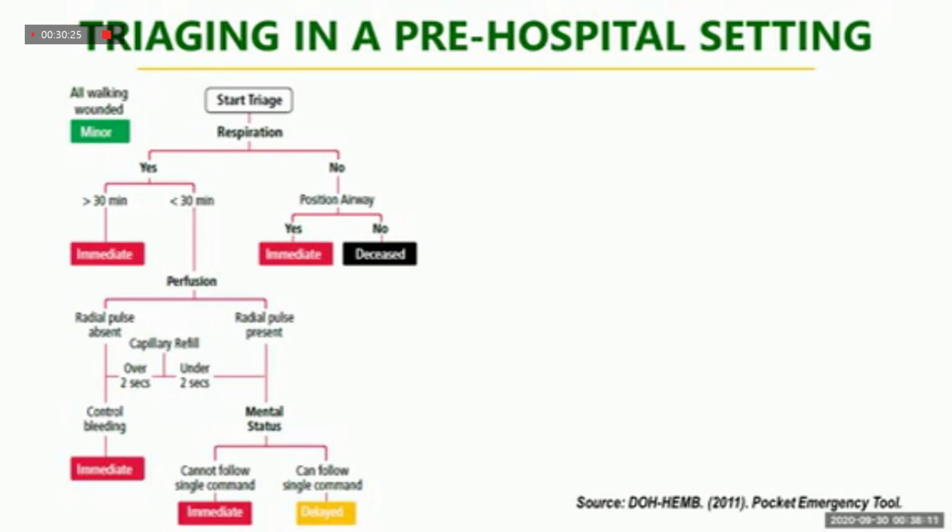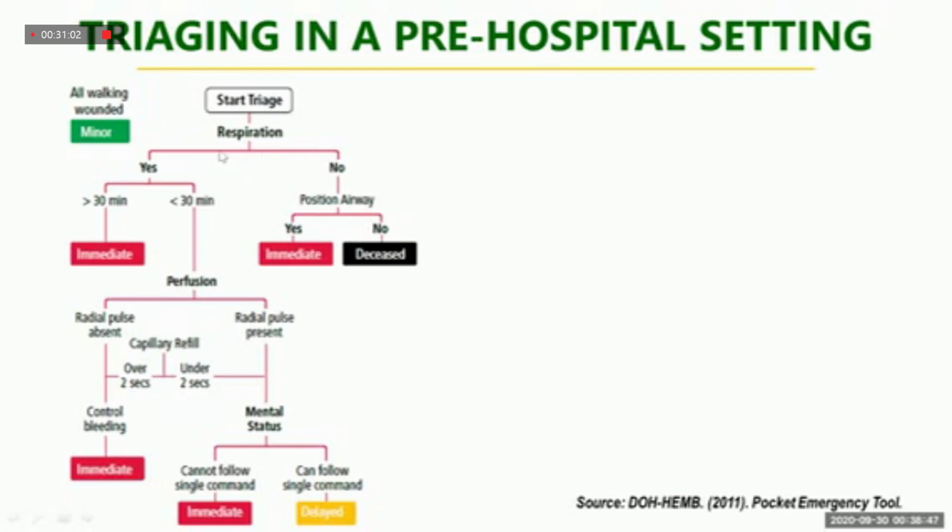But when you are entertaining a cervical spine injury, you do your modified jaw thrust. Once you position that airway, if the patient has evidence of spontaneous breathing, you immediately tag it as red. But if you position the airway and the patient did not breathe at all, the patient is now dead and can be tagged as black.